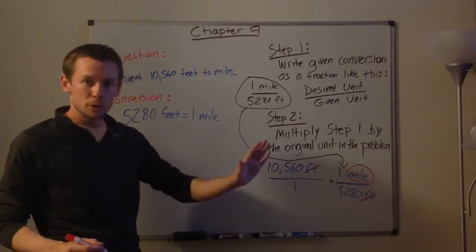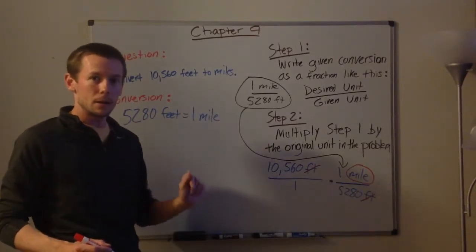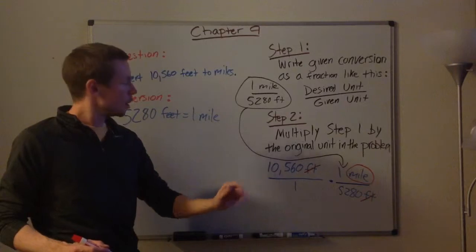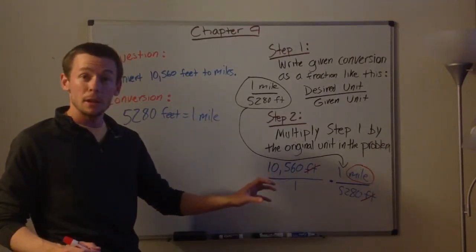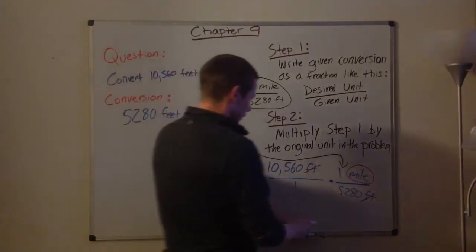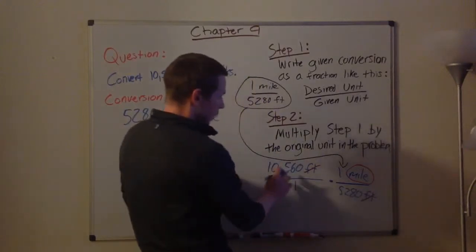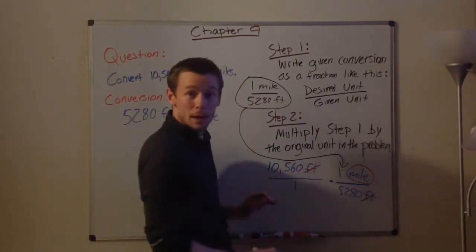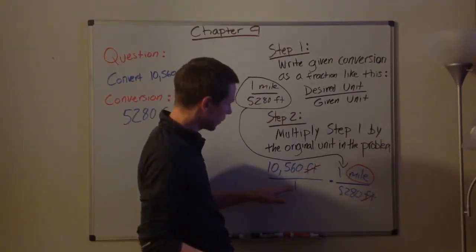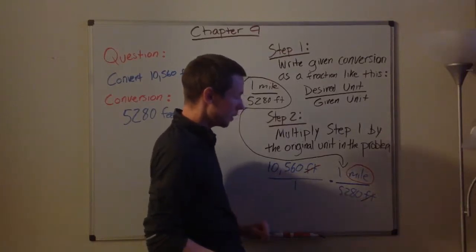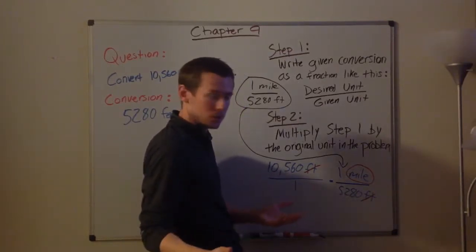Now we just multiply across numerator by numerator and denominator by denominator to end up with the correct number. 10,560 times 1 is 10,560. 1 times 5,280 is 5,280.